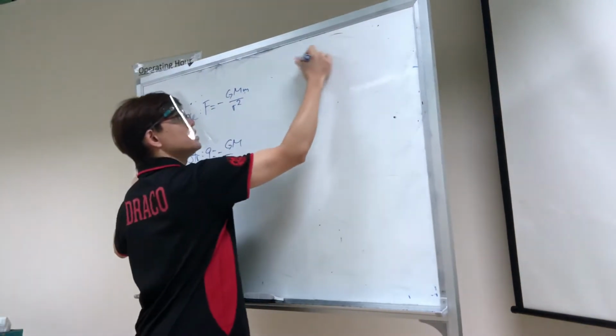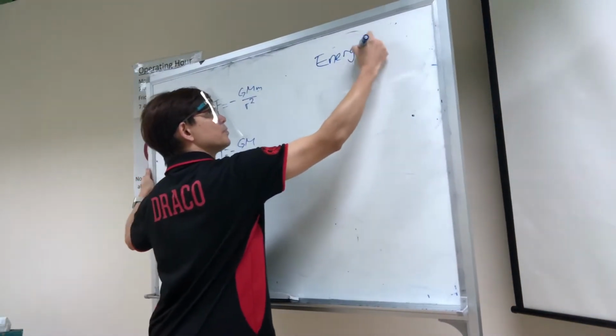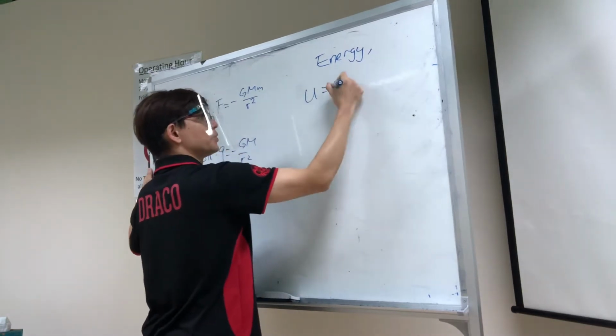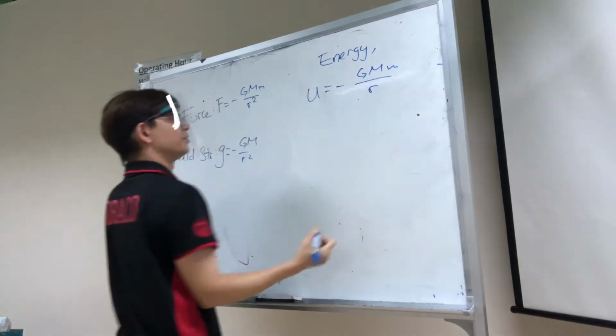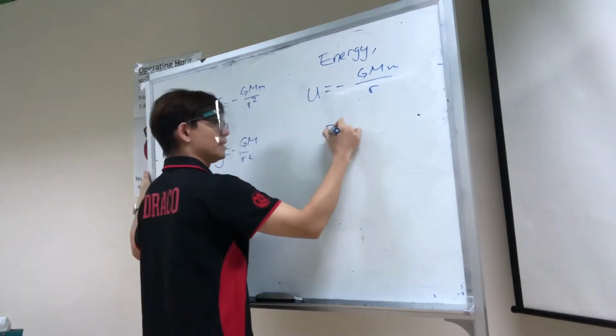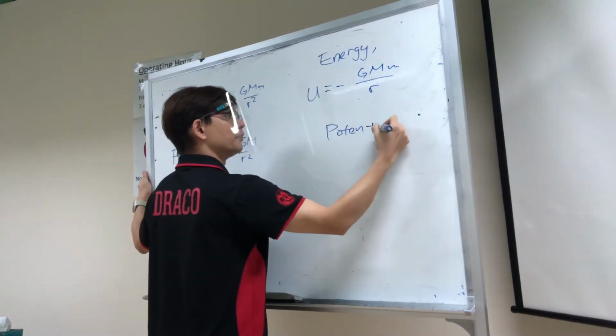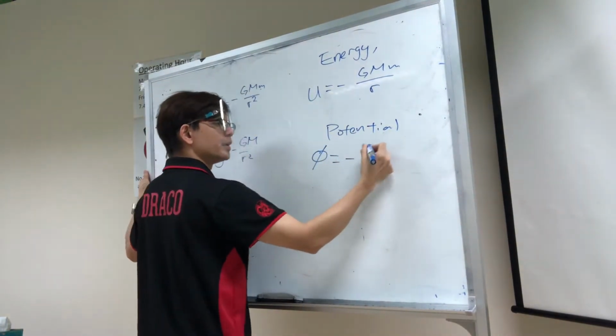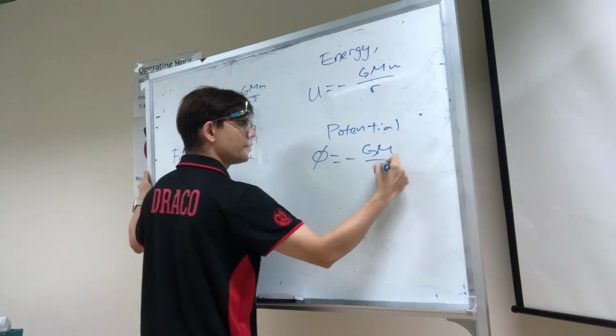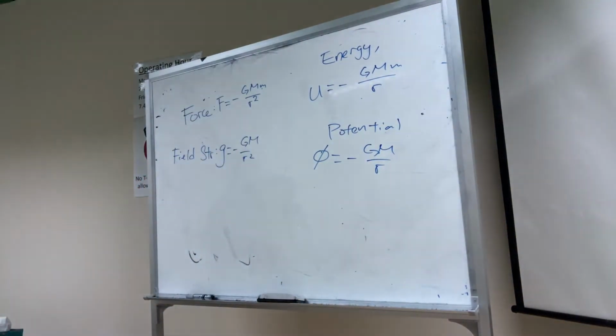Then we have energy, U equals minus GMm over r. And lastly, we have potential, phi equals minus GM over r. So these are our four quantities that we are learning in gravitation, right?